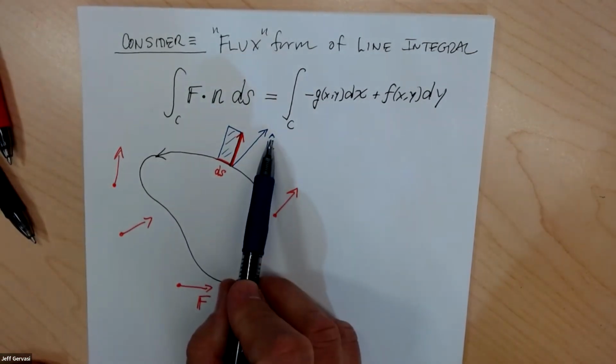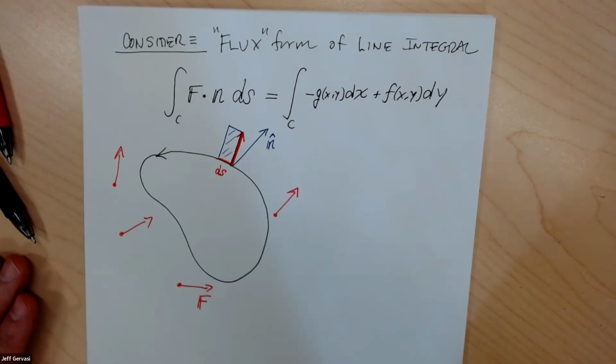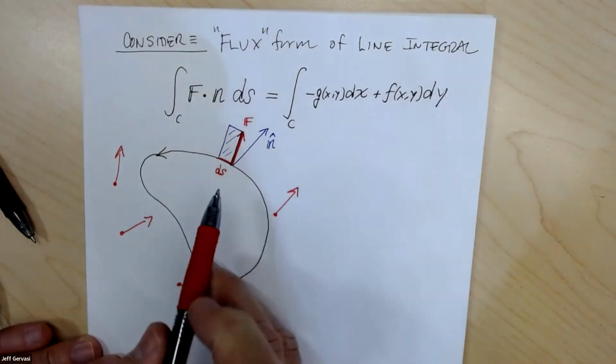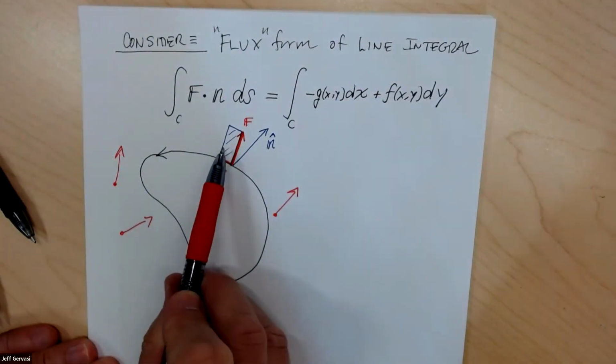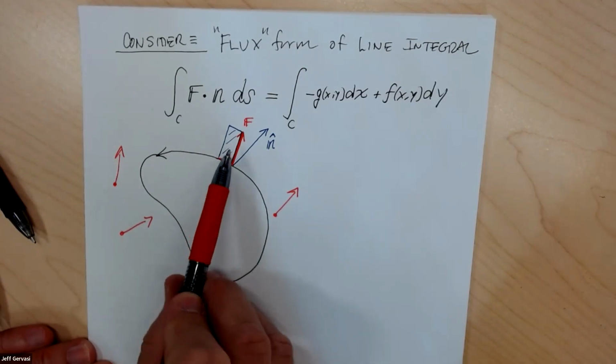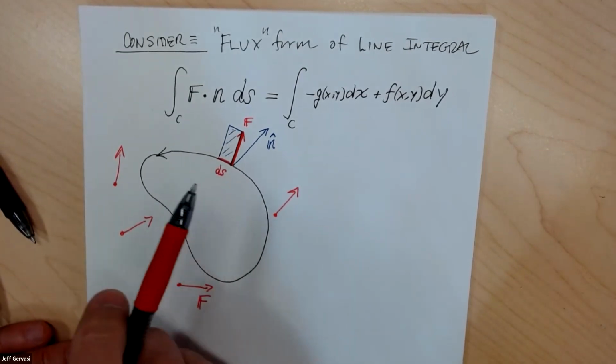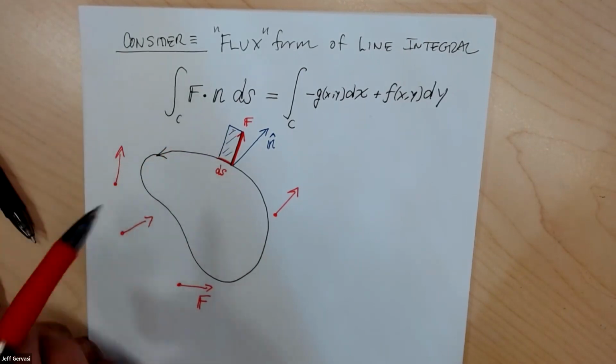I put that little hat over it to make it a unit vector so that its length is 1, just for convenience. To find the area of this little blue region, I need the length and the width. The width is ds, but I need the length to get the area of this rectangle.